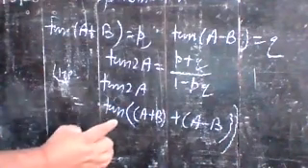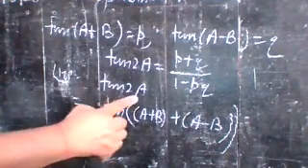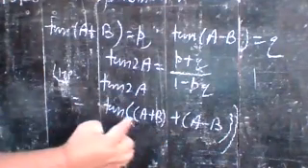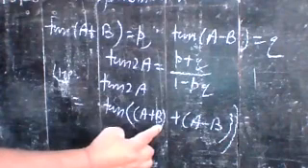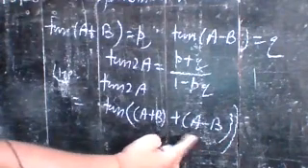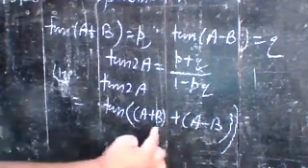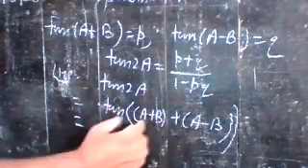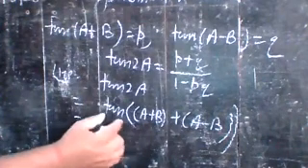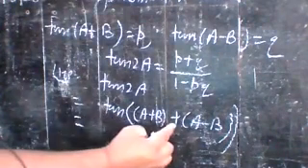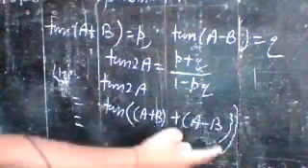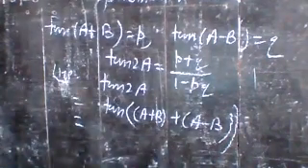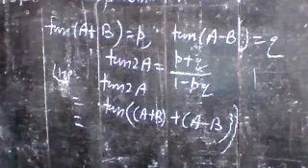That is the main important point. Tan 2a can be written as tan of (a + b) + (a − b). Here you see that minus b and plus b cancel out, and again it is equal to 2a. Now you can apply the formula for tan(x + y), and tan(x + y) is tan x plus tan y upon 1 minus tan x tan y.